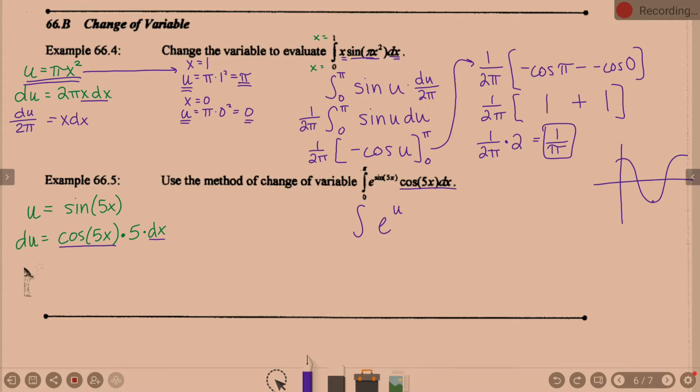We're going to have to just move the 5 over to join the u. So du divided by 5 is set to replace cosine of 5x dx. So this is going to be the integral of e to the u times du over 5.